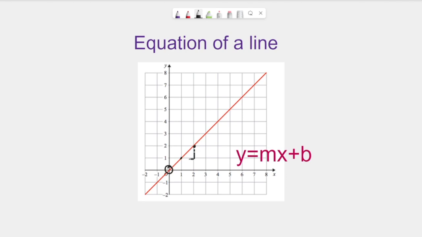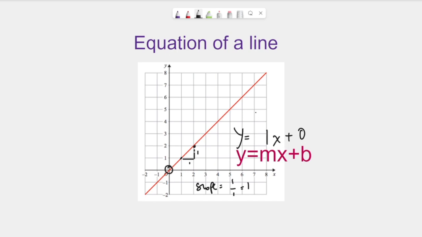Rise over run, 1 over 1. It means the slope is 1 over 1, which is just 1. So here the slope is 1 and the y-intercept is 0. So y equals 1x plus 0.